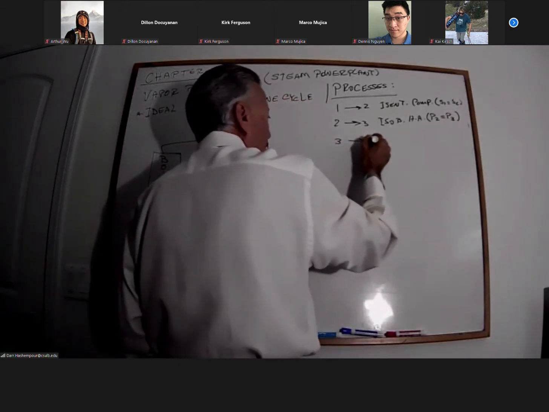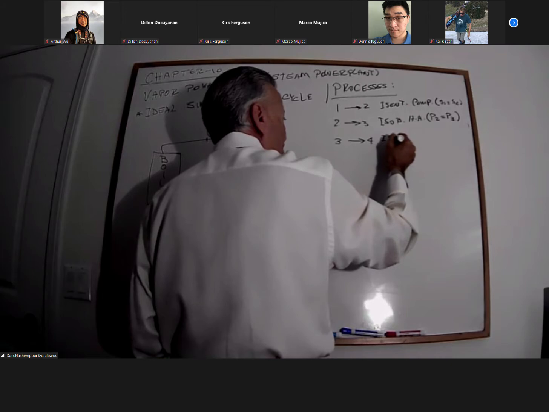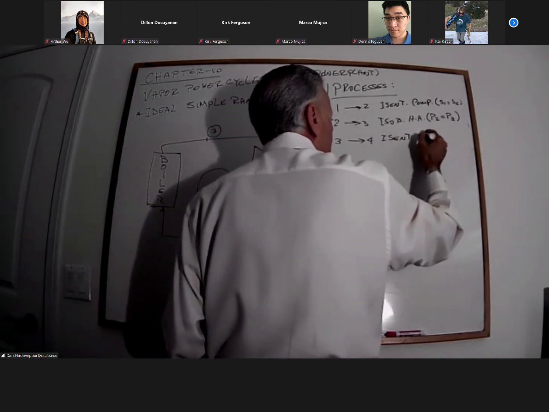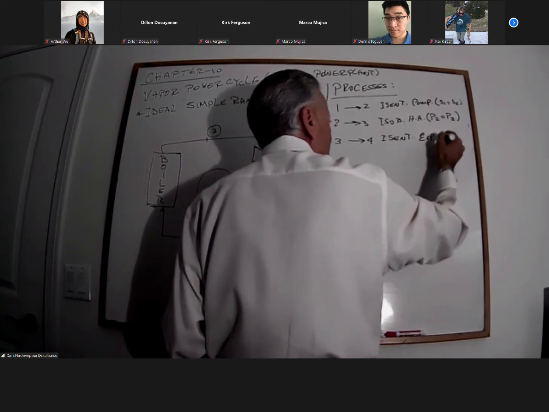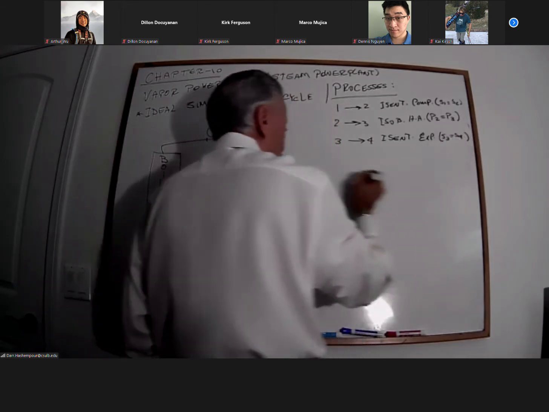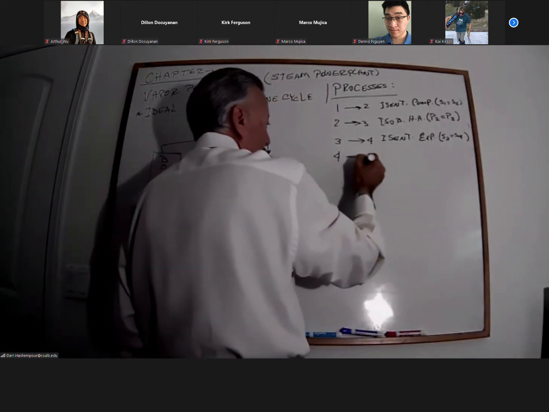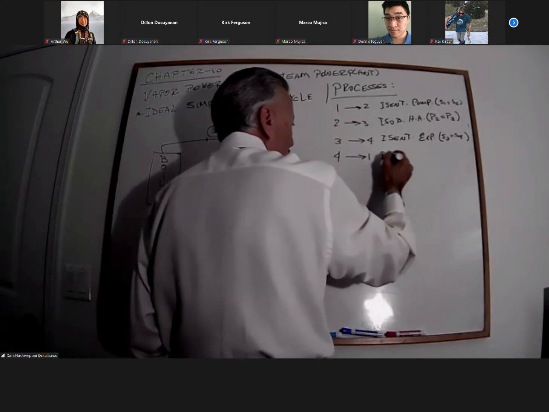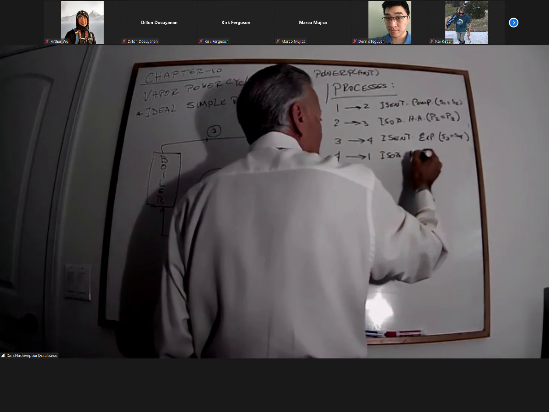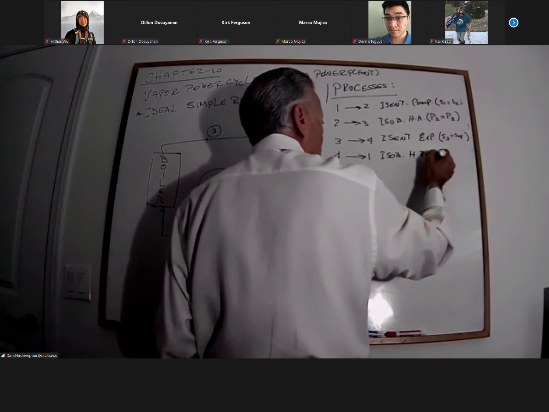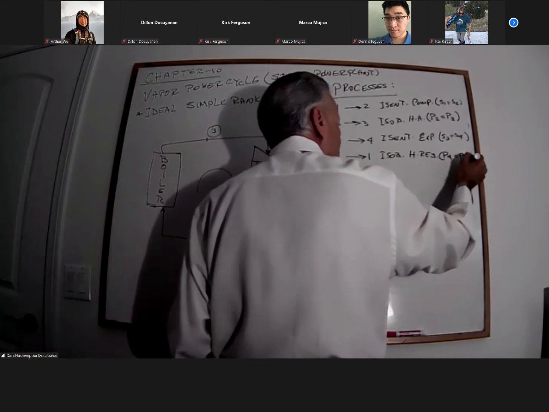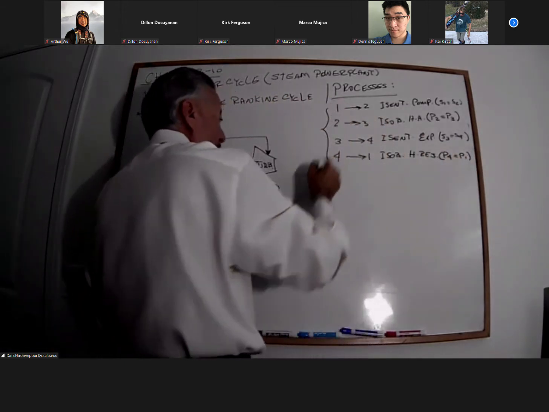Process 3 to 4, once again, isentropic expansion. That never changes. S3 is equal to S4. Finally, process 4 to 1, it's isobaric heat rejection, meaning P4 is equal to P1. These are the 4 processes.